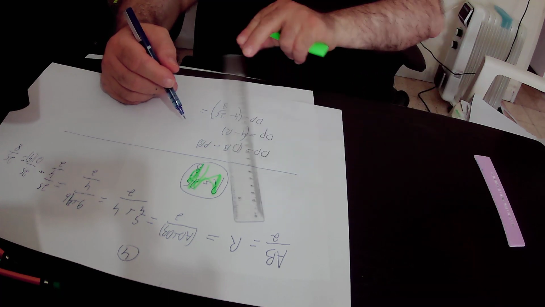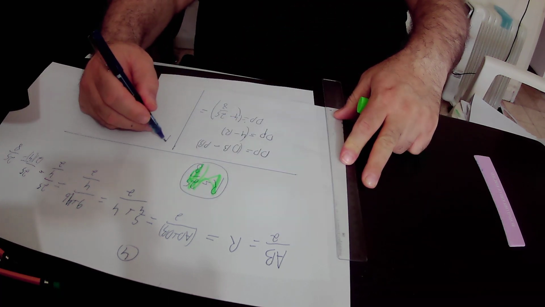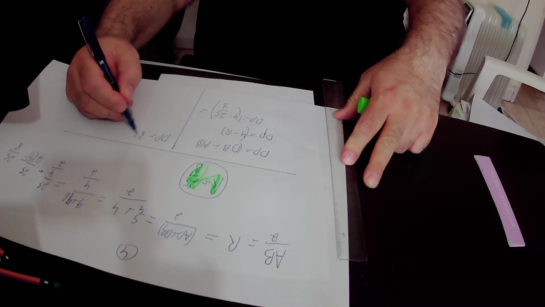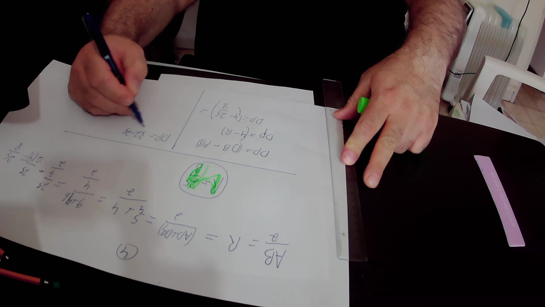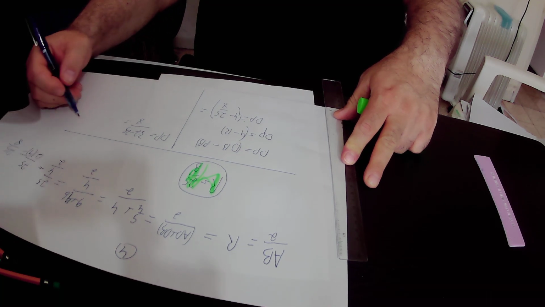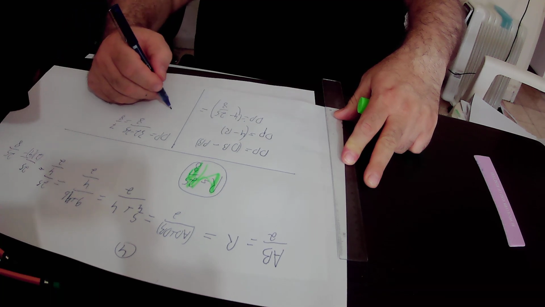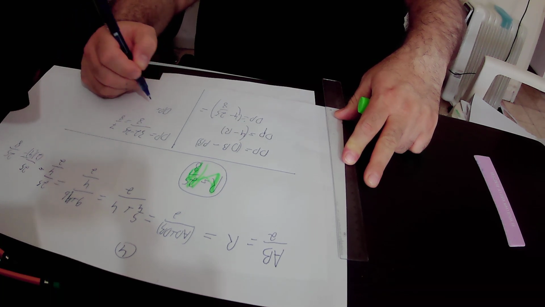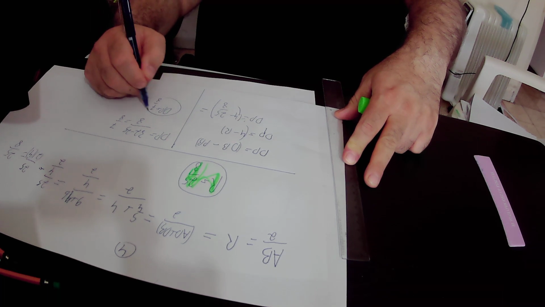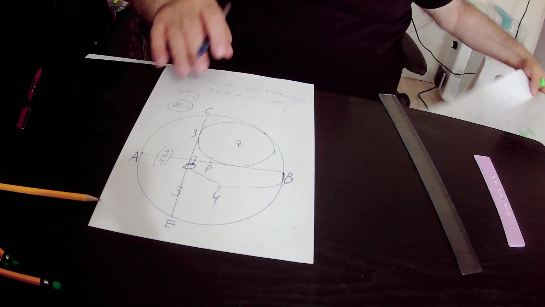And we get that DP equals 4 times 8 is 32, minus 25, over 8. 32 minus 25 is 7 over 8. So we found out that DP equals 7/8.